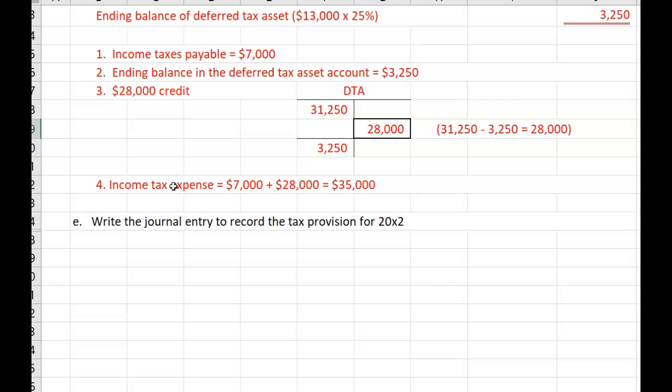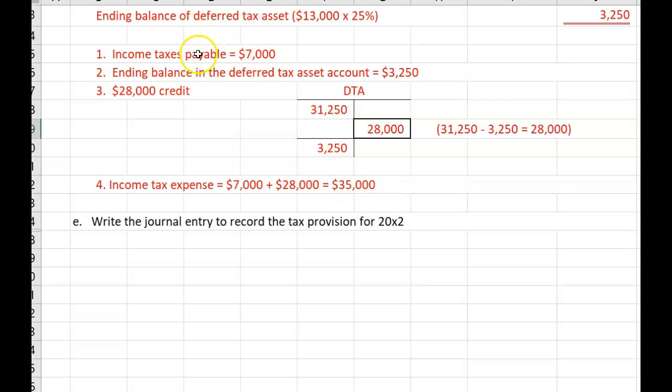It is the number that you need to make the journal entry balance. If you are going to credit income taxes payable for $7,000 and credit deferred tax asset for $28,000, then you must debit income tax expense for $35,000.